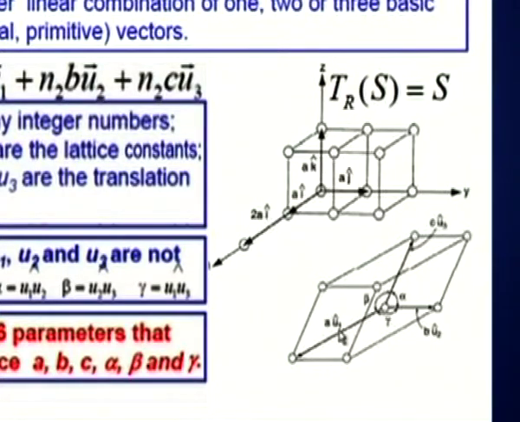U1 is the unit vector, similarly U2 is a unit vector, U3 is a unit vector. Okay.